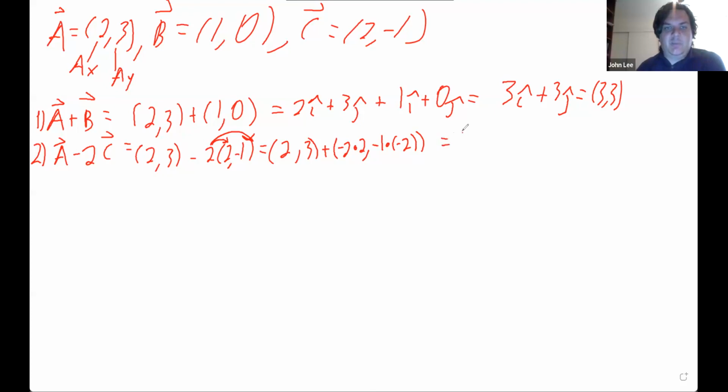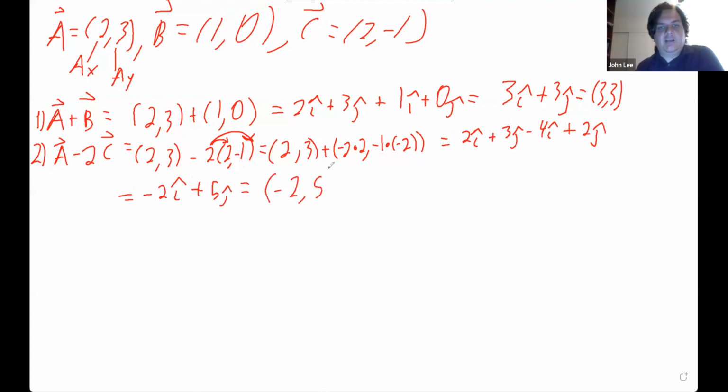So this is going to be equal to 2i plus 3j minus 4i plus 2j, which is equal to -2i plus 5j, equals -2, 5.